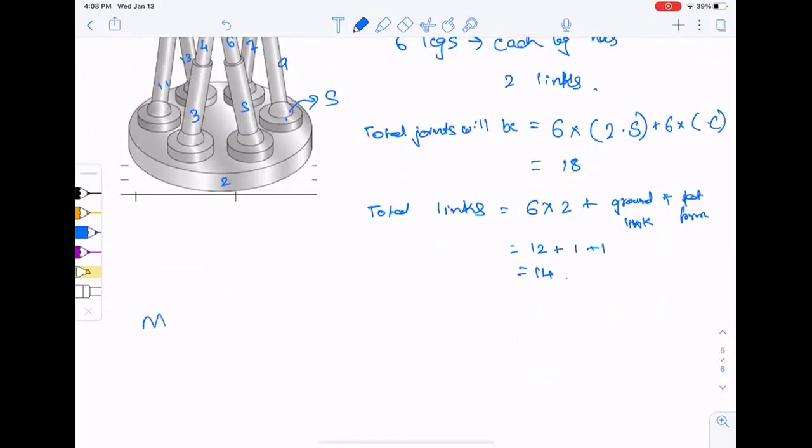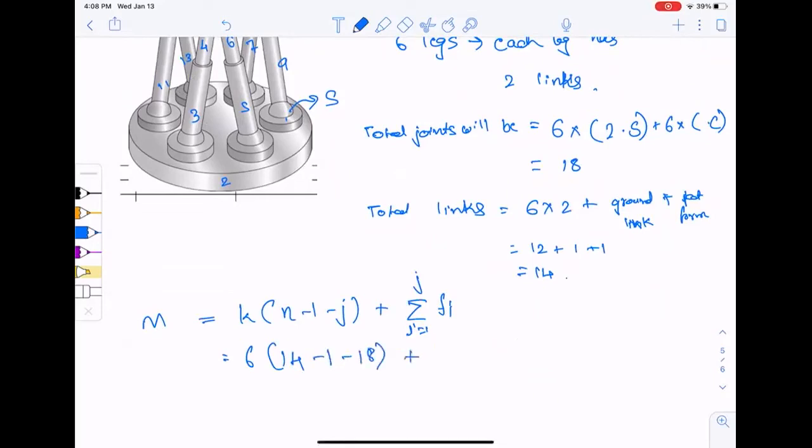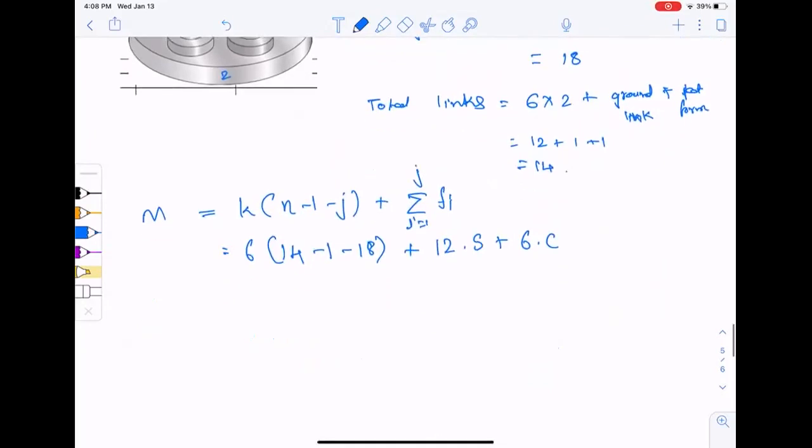Now let us calculate the mobility. So that will be k into n minus 1 minus j plus summation over i from 1 to j. So k is 6, n is 14, minus 1 minus 18 plus 12 into S plus 6 into C. So over here we have minus 13 plus connectivity of spherical joint is 3.